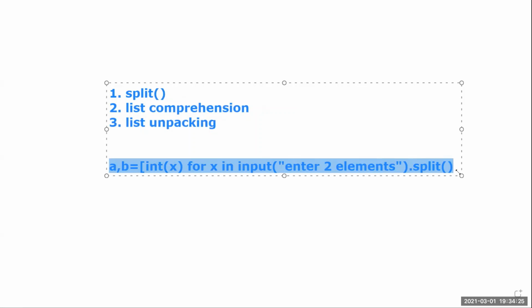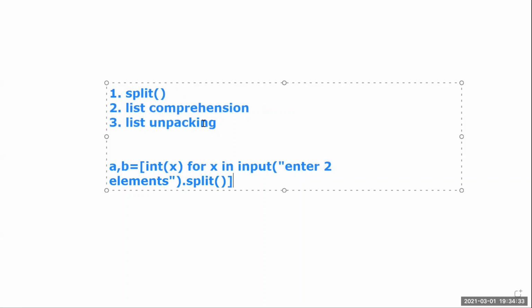To understand this syntax, we have to learn about all these three concepts. Here I am using the split function. What is the purpose of this split function? It will split the string into a list of elements where each word of that string is a list item.